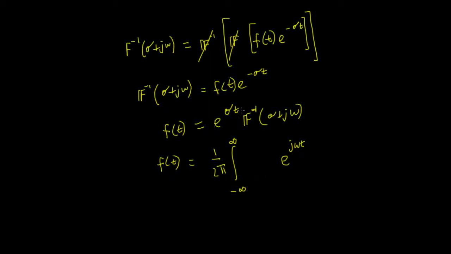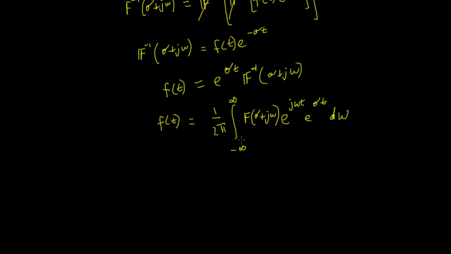We're also multiplying it by e to the sigma t, by d omega, and it's going to be our function F of sigma plus j omega. This here is just an inverse Laplace transform of the function above.